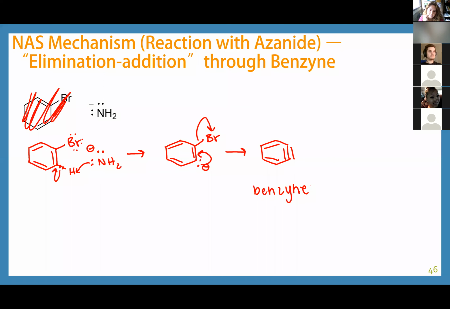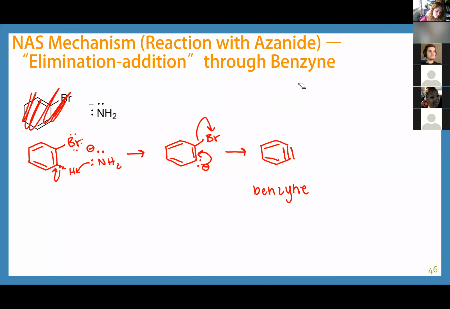Now, I just want to ask a question. Do you think that benzyne, which has a triple bond that has to have this kind of bent cis shape, do you think this is a stable molecule? No. Not particularly. Yeah, no, it is highly unstable, right? Triple bonds want to be linear, and instead we are forcing it to be essentially at an sp2 angle, right?